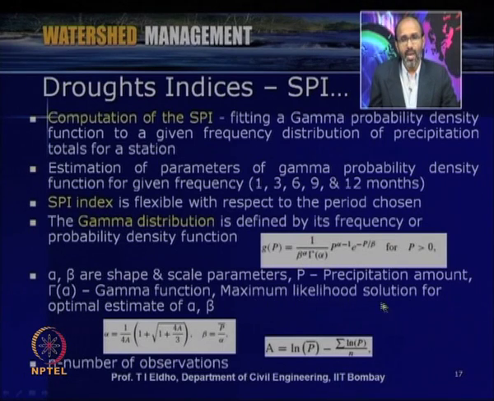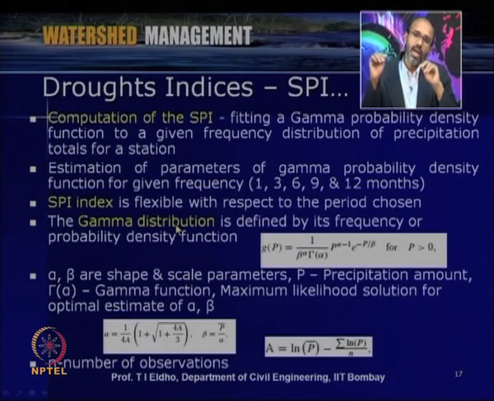Maximum likelihood solution for optimal estimate of alpha and beta can be obtained: alpha is equal to 1 by 4A into 1 plus square root of 1 plus 4A by 3, beta is equal to p bar by alpha, and A is equal to ln p bar minus sigma ln p by n, where n is the number of observations.